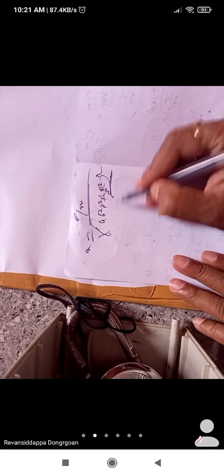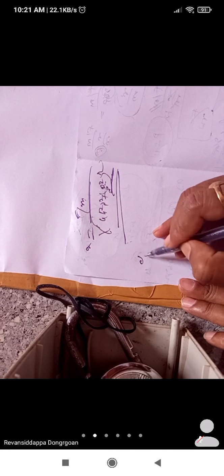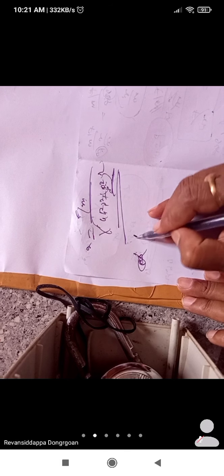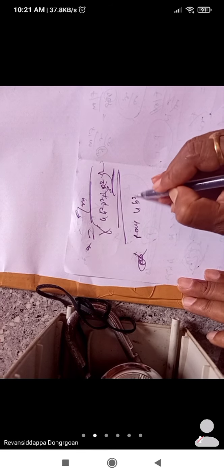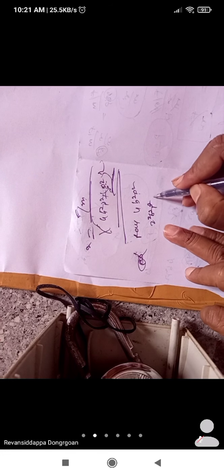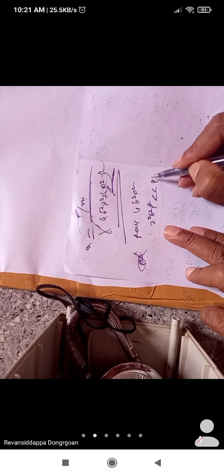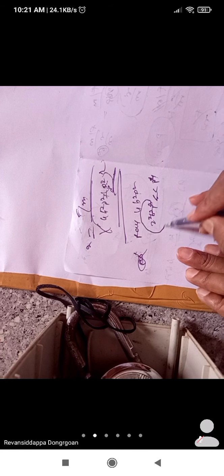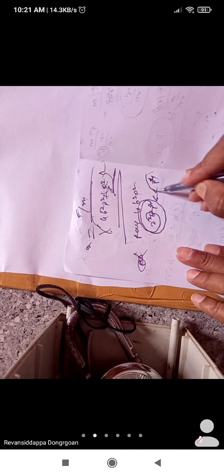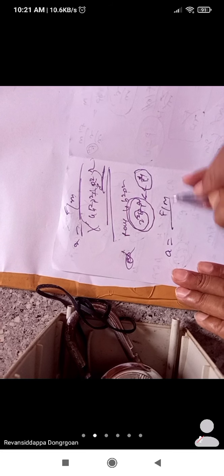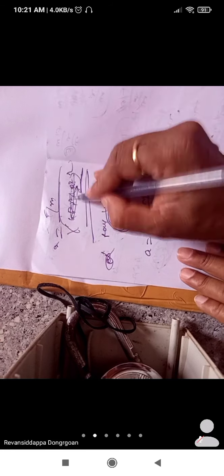The term 4b square p square is very small compared to p to the power of 4, so if you neglect it, only the p to the power of 4 value is retained.